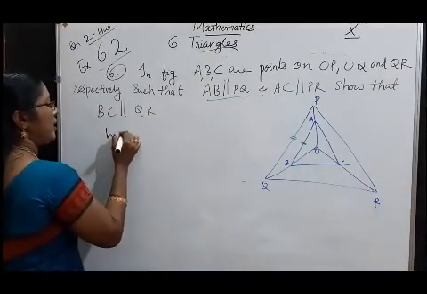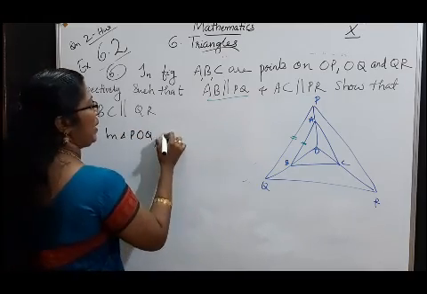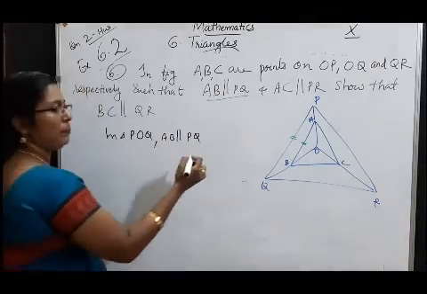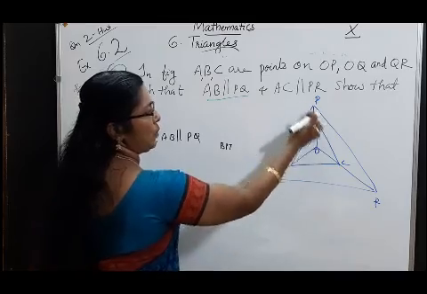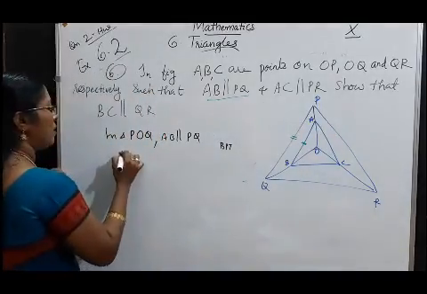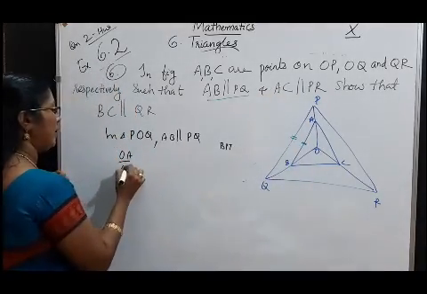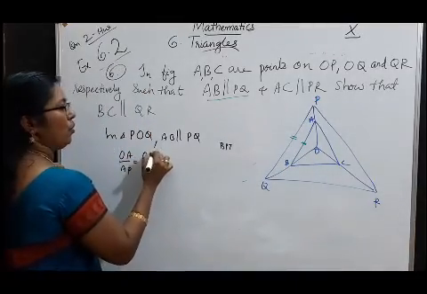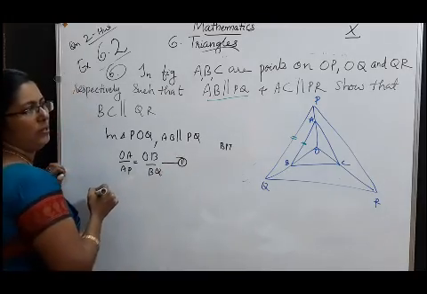In triangle POQ, AB is parallel to PQ. By BPT, if two lines are parallel, corresponding sides are proportional. So OA by AP equals OB by BQ, equation number 1.